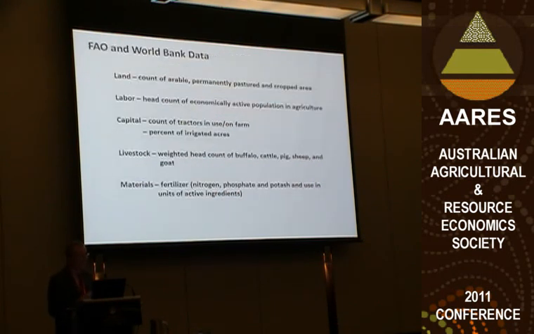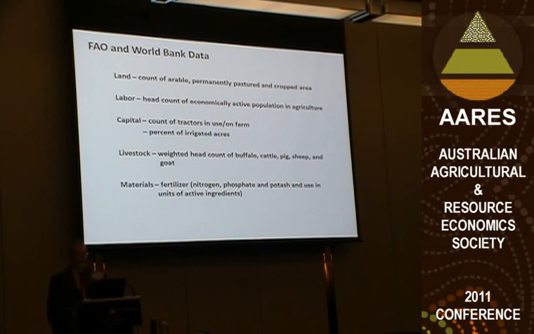However much we torture that data, that's our limiting factor when we're going to do these analyses. And what is that? If you scan across these studies, this is pretty typical of the sorts of data that virtually all these studies use to get to global measures of productivity performance. So one, the land variables are an undifferentiated count of hectares or acres, and they're a count of basically arable land, permanently pastured land and permanent crop area, and there's variance of that from one state to the next, but essentially that's what it is.